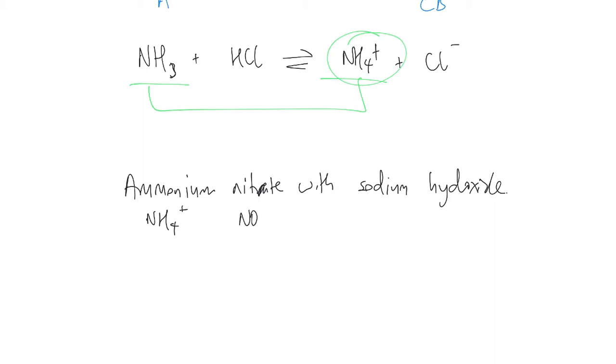NO3, 1 minus, 2 minus? 1 minus. Okay, so if it's 1 positive and 1 minus, what's the formula for ammonium nitrate then? Put them together. NH4, so it's a 1-to-1 ratio. It's going to be NH4NO3. Then sodium hydroxide, NaOH. Those two added together are going to form what?